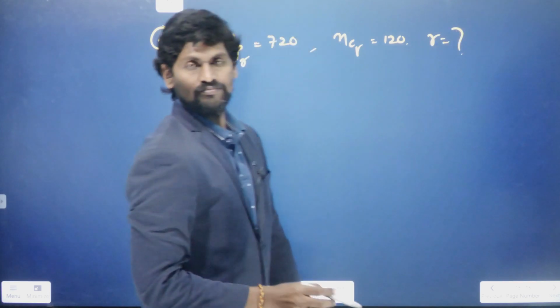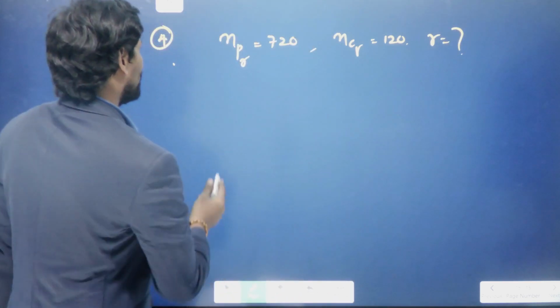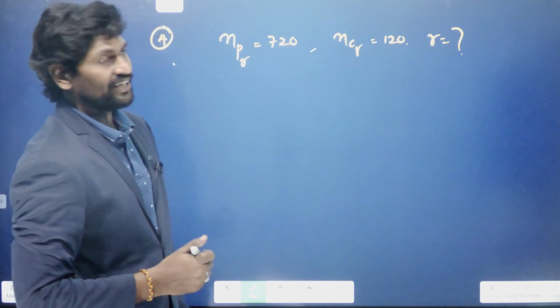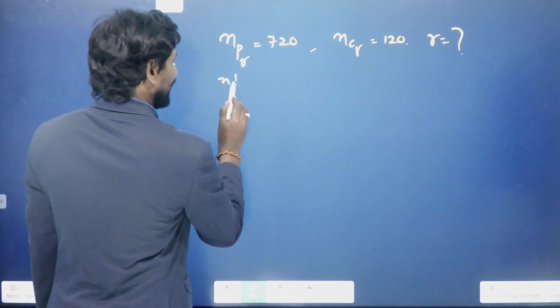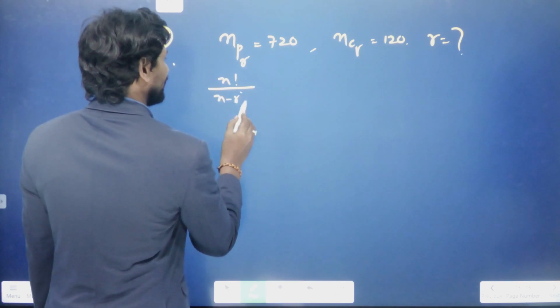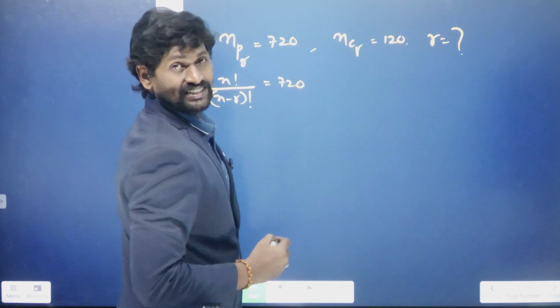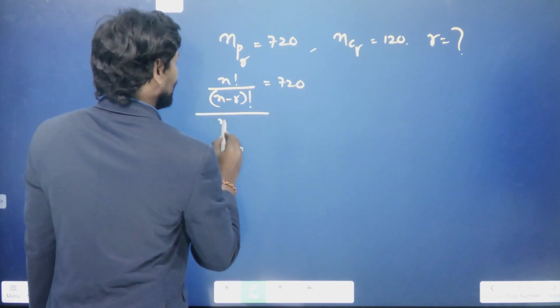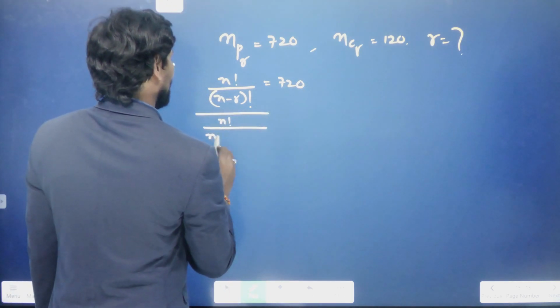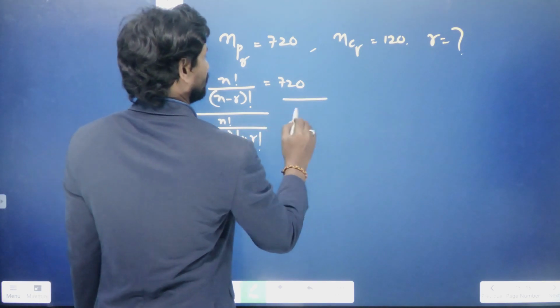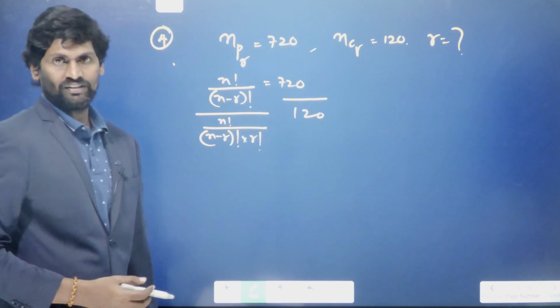Okay, so let us check nPr and nCr. nPr formula is n factorial by (n minus r) factorial, that's it. This value is 720. But nCr value is n factorial by (n minus r) factorial into r factorial. This is 120. Both I divided, okay?